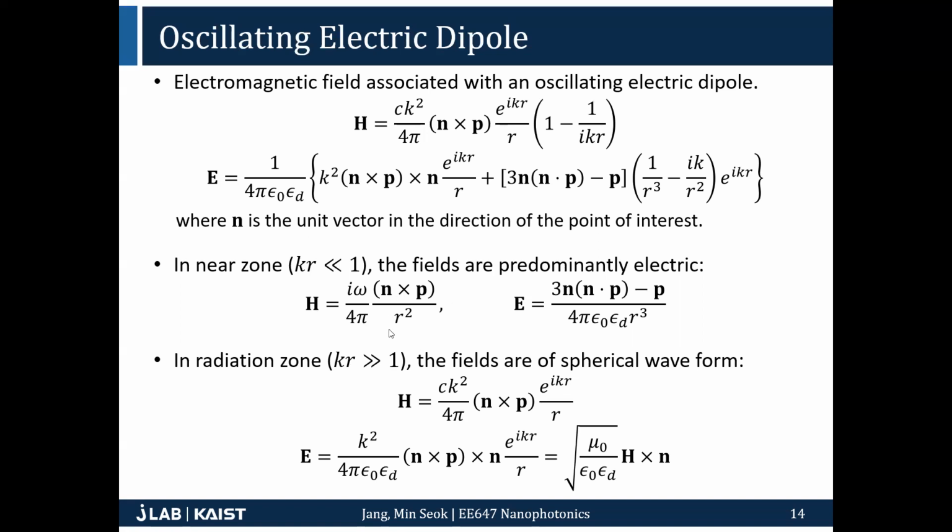And if you look at the near zone and the radiation zone, you can basically obtain the exact mathematical form of the electric field and magnetic field due to an oscillating electric dipole.